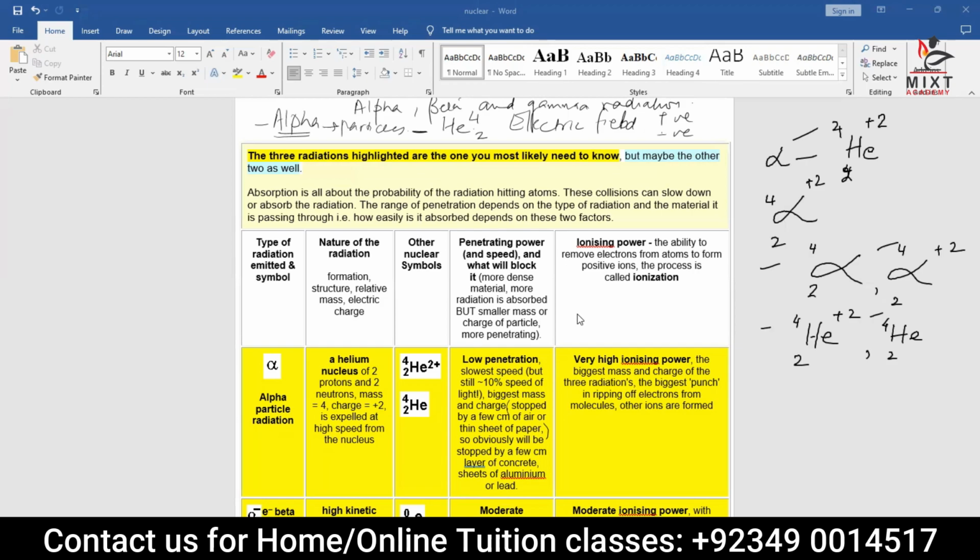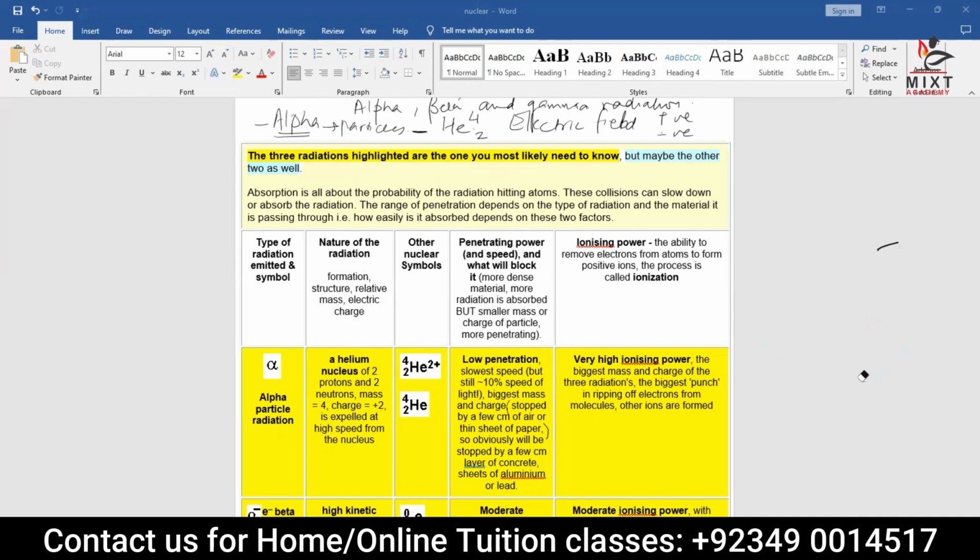What do you expect? Alpha being the biggest, what about their ionizing power? It has the highest. The reason is they are the biggest; as far as size is concerned, they are the biggest one. So for them, removing the electron from the atoms is very easy, right? So first of all, in the next bullet point, let's write the definition of ionization.